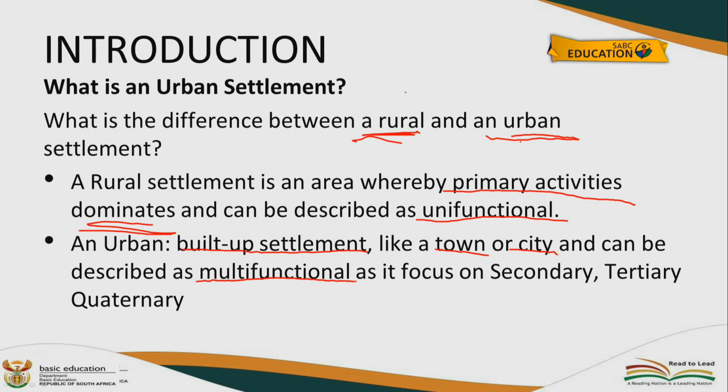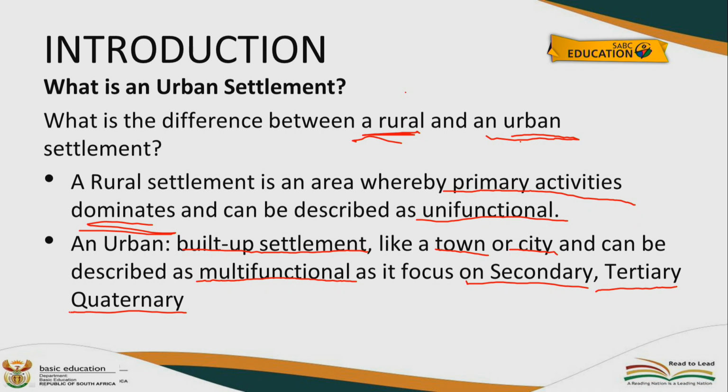It focuses mostly on secondary, tertiary, and quaternary activities. The most important thing to note is that primary activities are only for rural settlement. But secondary, tertiary and quaternary activities belong to urban settlement.